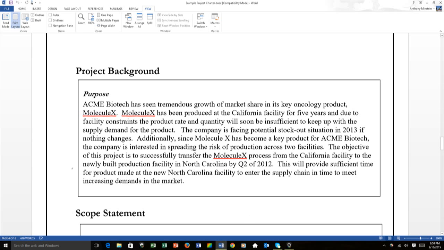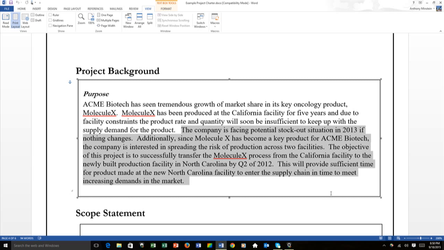You can probably read the rest of the purpose on your own, but there's a potential stockout situation if nothing changes. Since it's a key product for Acme Biotech, they need to spread the risk of production across 2 facilities.